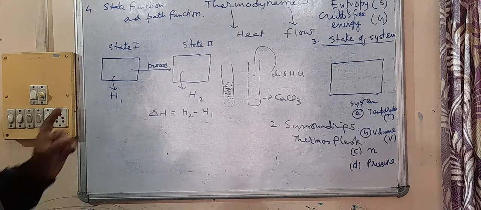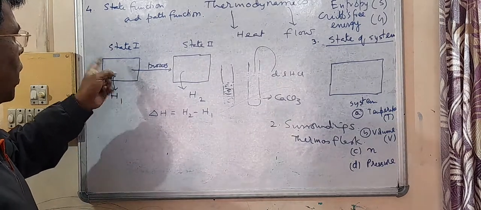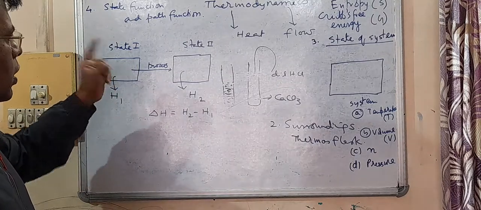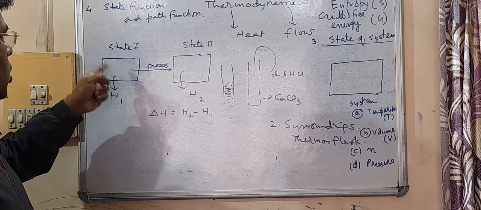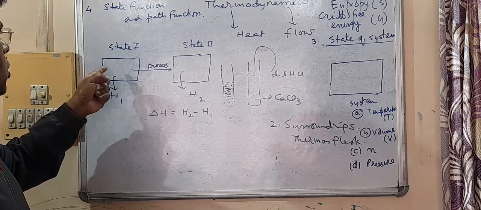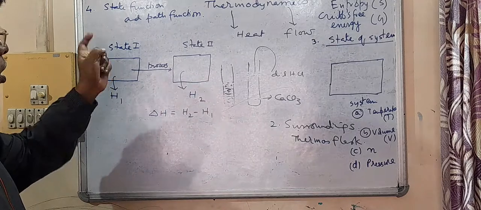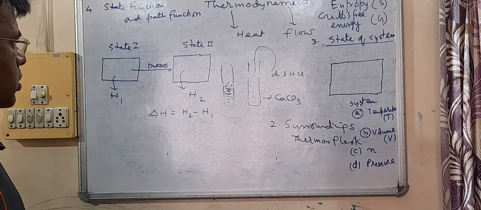Now you see, there can be many ways for changing the system from state 1 to state 2. There can be many ways, there can be many paths.